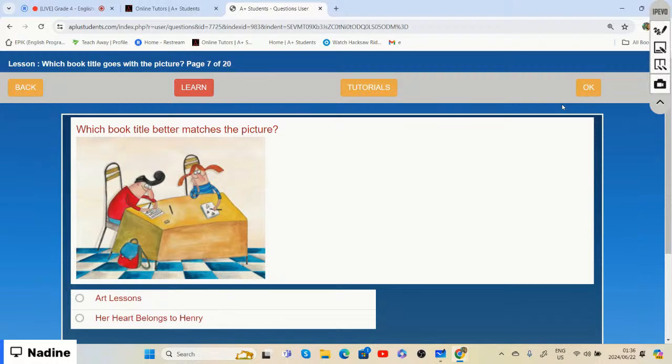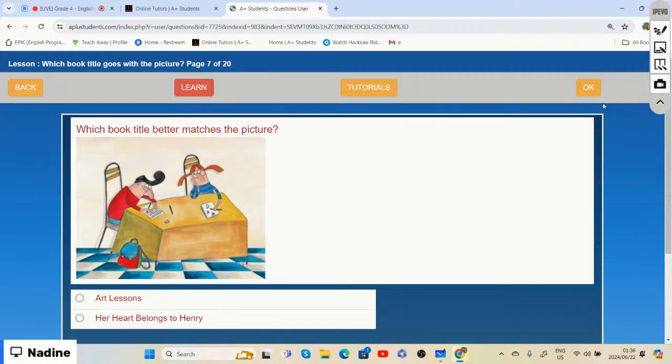Look at the next one, right? We need to look at the specific picture and then we need to say which title better matches the picture.